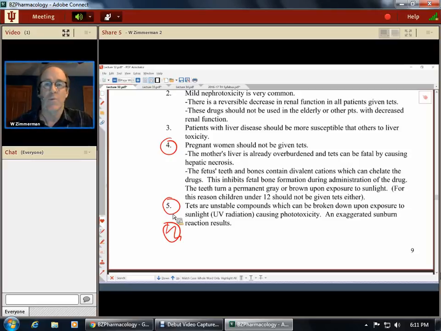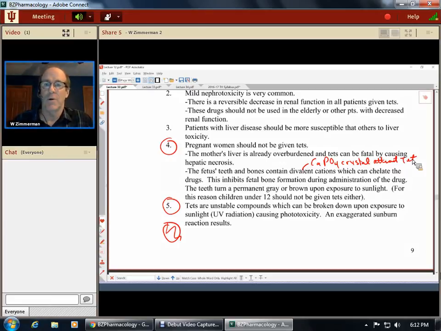But probably more importantly, the fetus teeth and bones contain divalent cations, which can chelate these drugs. Remember, there's this calcium phosphate crystal in bone that will attract the tetracycline.